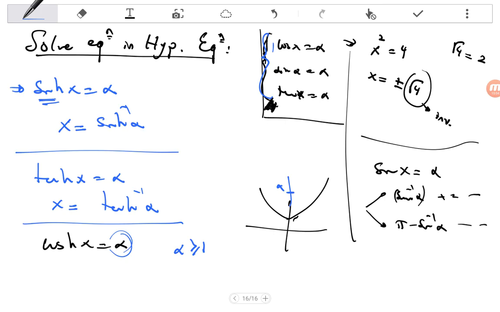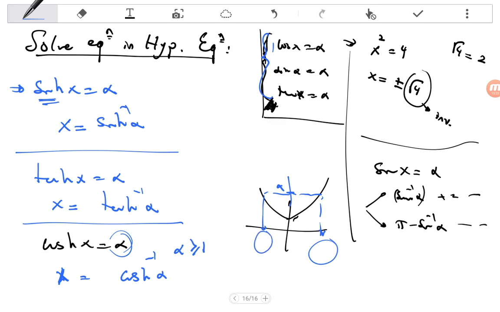Now, what are the solutions for this alpha? We'll have two solutions. One of them is the basic one, cosine inverse alpha. This is obviously one of the solutions, but there is also another solution.